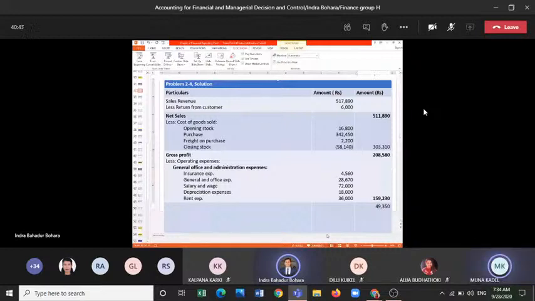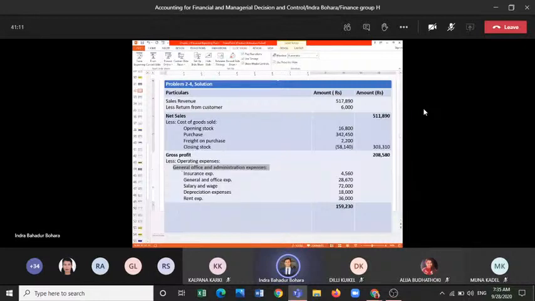We need to add the office and administration expenses. Write down just below this amount, total general and administration.